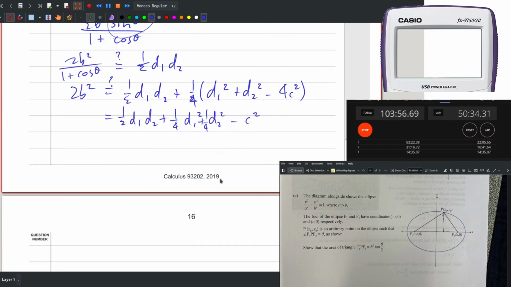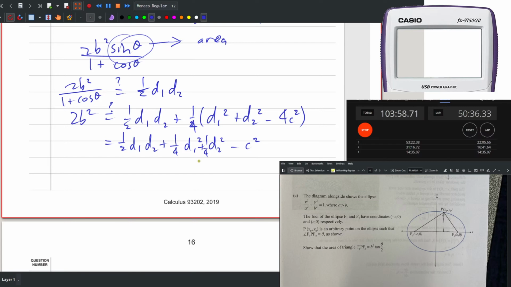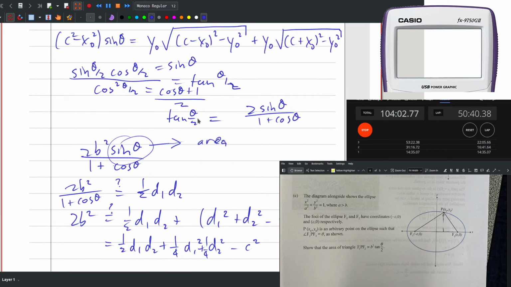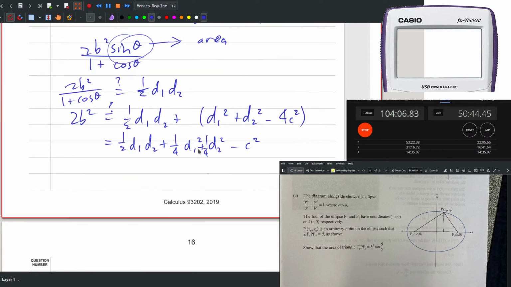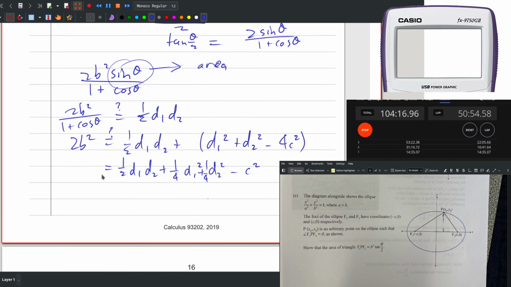Wait, no, this one's still a half, right? Because, wait, no, it isn't. Wait, what? 2 cos squared a.